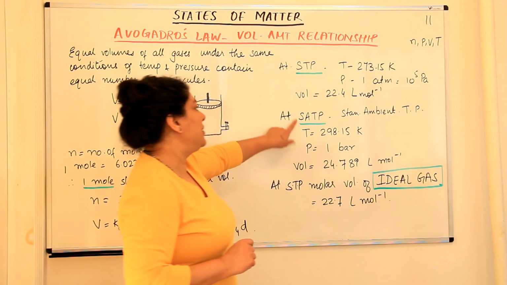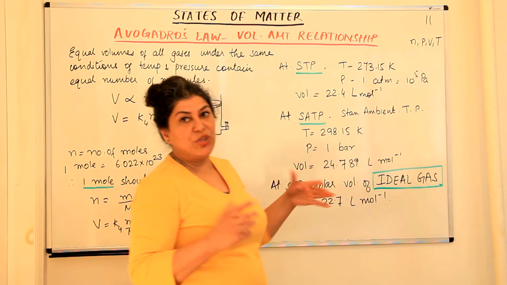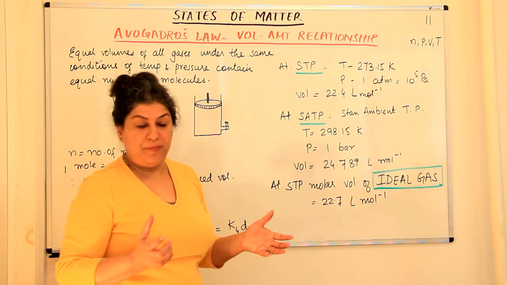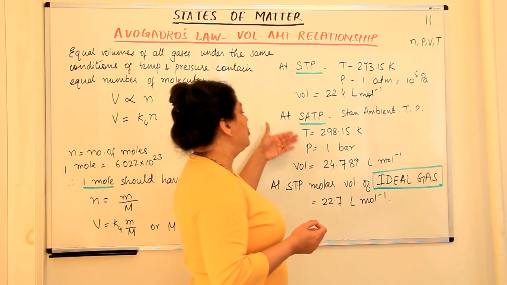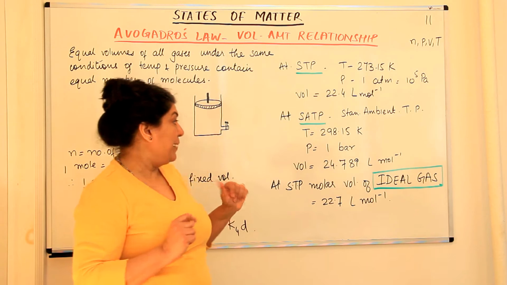So the temperature at SATP is 298.15 Kelvin, which is 25 degrees Celsius, and the pressure is taken as 1 bar. And 1 bar is slightly different from 1 atmospheric pressure.